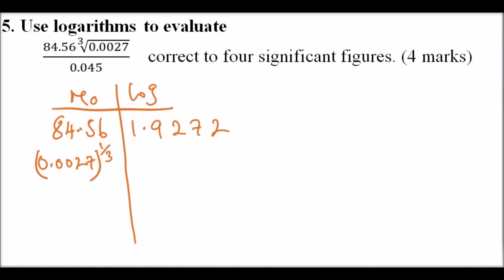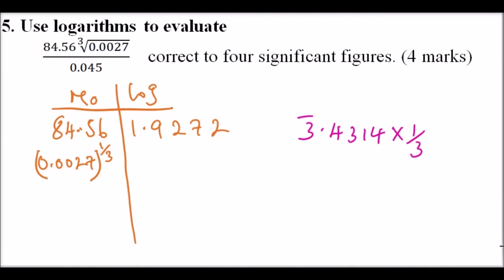So this is where you are being tested whether you know how to manipulate this. So first of all, we get bar 3, that is moving the decimal point 3 places to the right to 2.7. We get the logarithm of 2.7, which is 4.314, and because it is raised to a third or cube root, we multiply by 1 over 3.